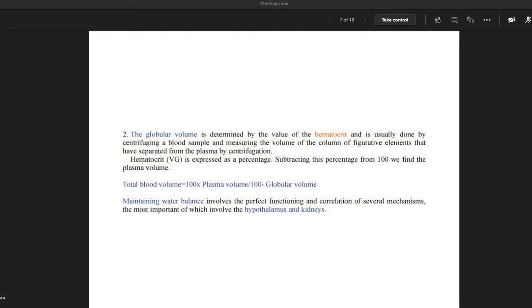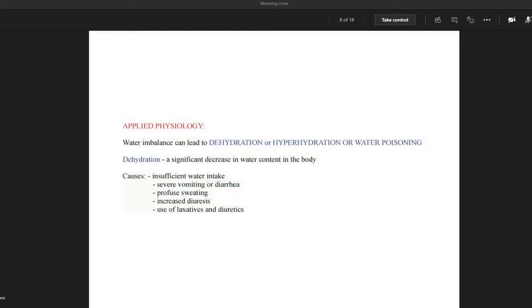I already mentioned during the lecture that the hypothalamus also gives the trigger for the thirst, and also gives the command for secretion, depending on the situation, of the antidiuretic hormone or aldosterone.